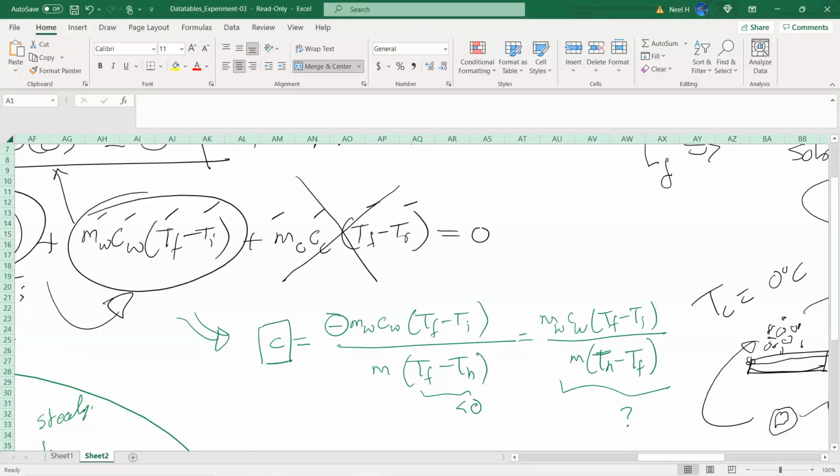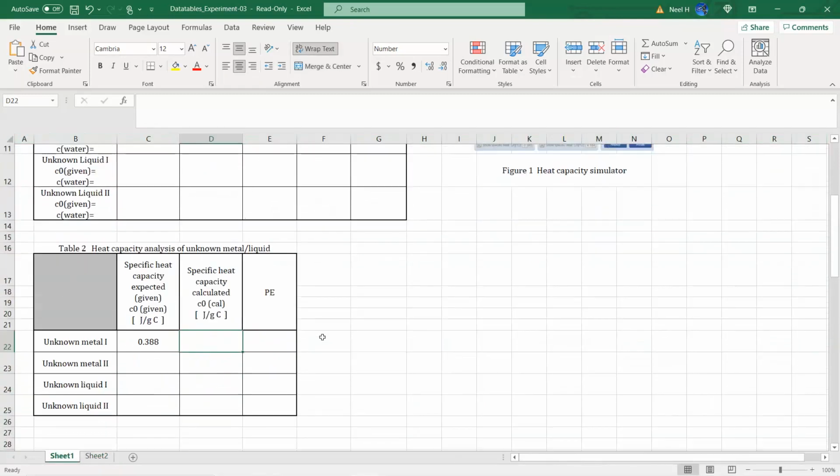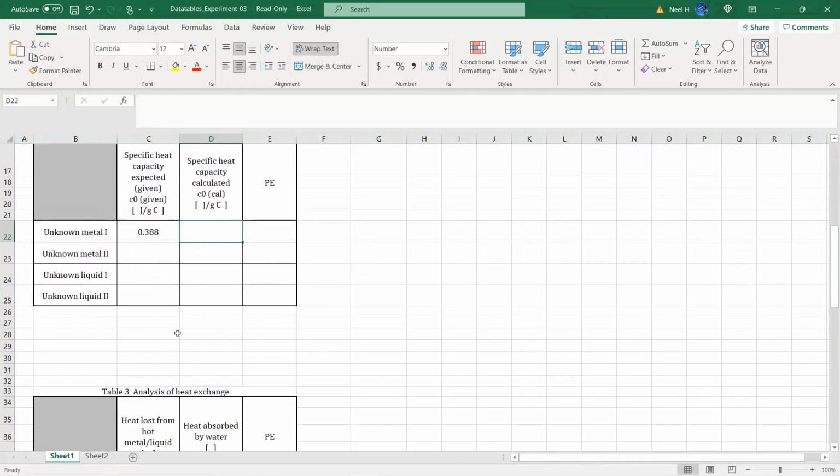Okay. All right. So let's write that function in Excel. Make sure all the Excel functions are included under the table. Equal sign, and I need parentheses there.